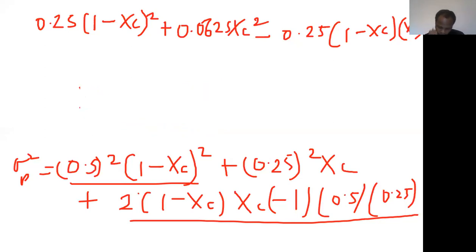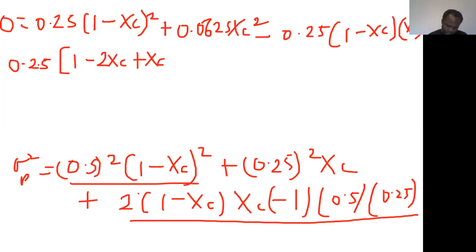Okay, so from here we can expand. By the way, at the end of the day, we are equating everything to 0, because we said everything here should be equal to 0. So I'm going to have 0.25 into brackets, 1 minus xc all squared, so it's going to be 1 minus 2xc plus xc squared, plus 0.0625 xc squared.